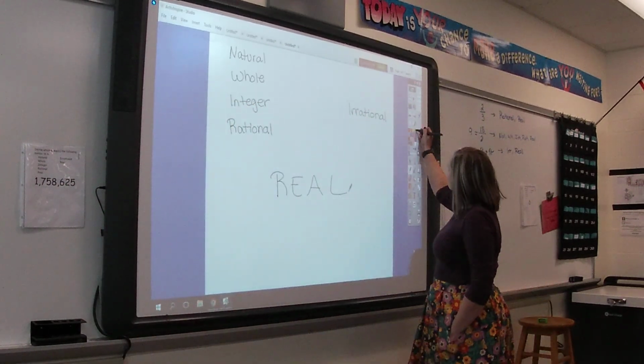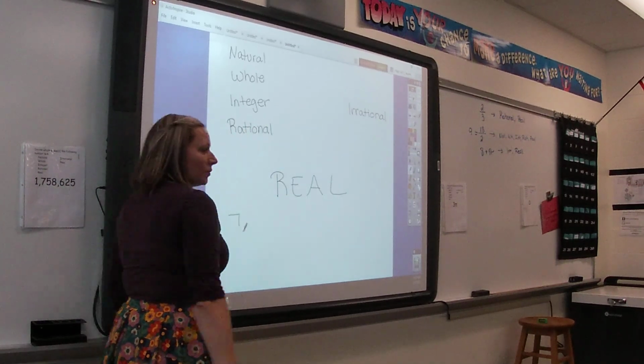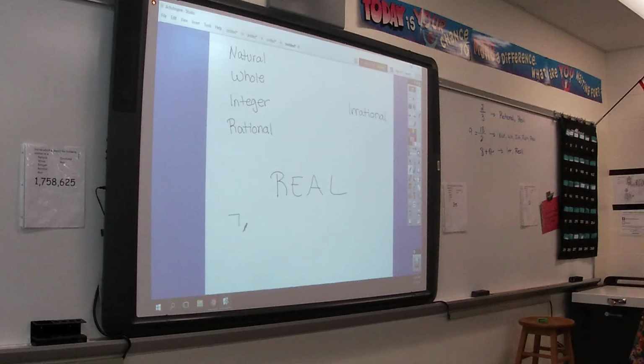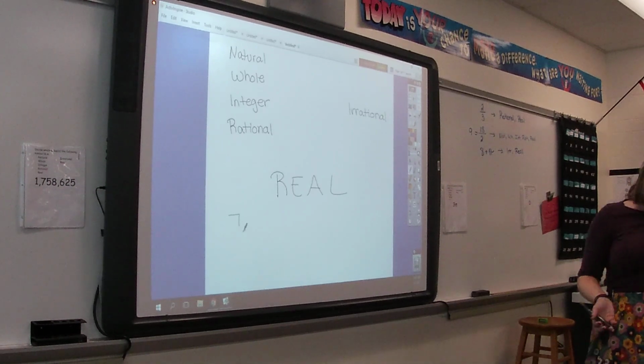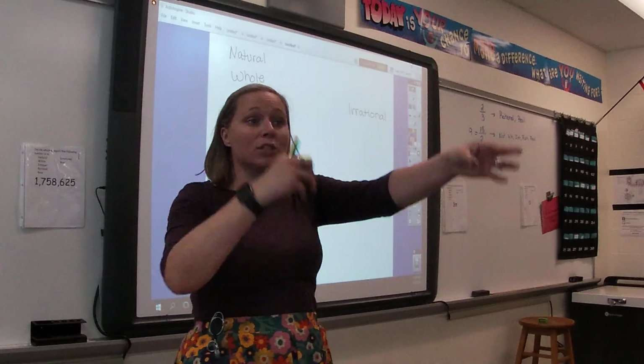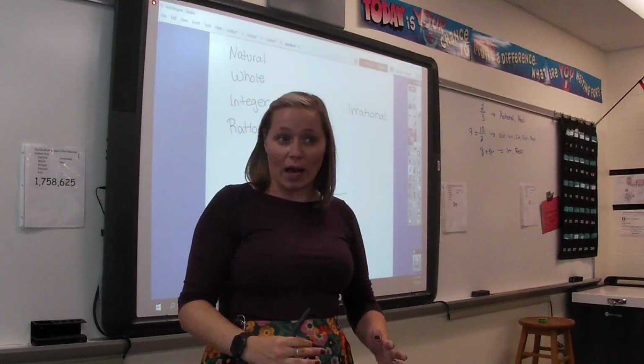Our job today is going to be to label what number set something belongs to. So, if I say 7, we want to place what number sets it belongs to. You could check with every single individual spot if you wanted to, but it's going to take you more time. My suggestion is just find a starting spot, and since we know once we're in the bucket we stay, it's going to be anything underneath it as well.